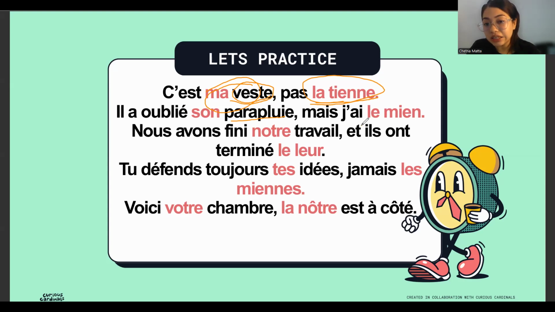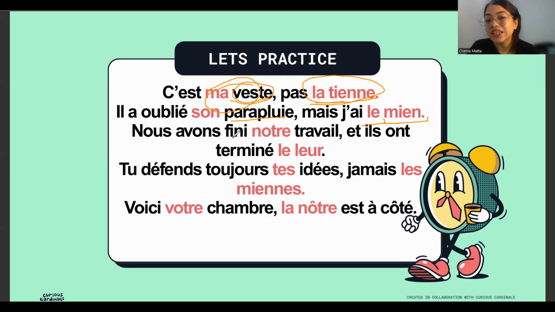So this le, la, les, these are all what? Definite articles, which make it a proper noun, right? With the definite articles and this mien, tien, sien, we form the pronoun possessive.